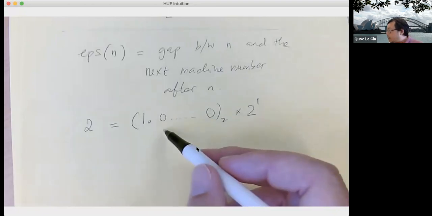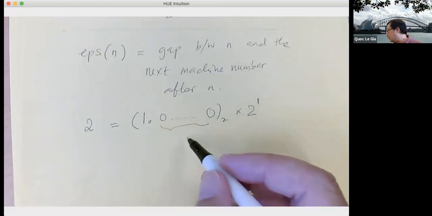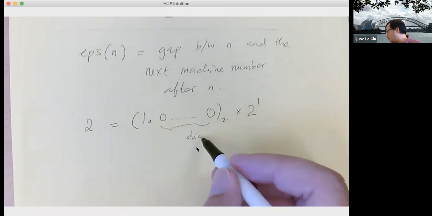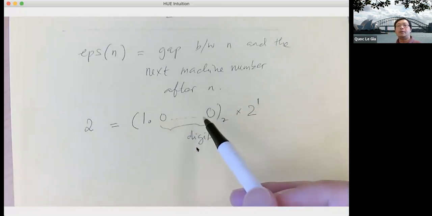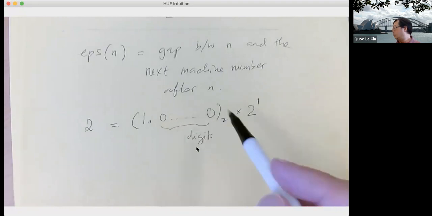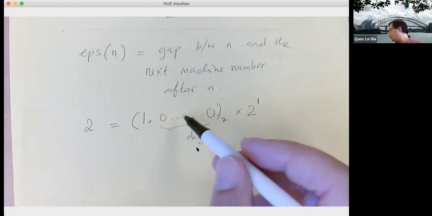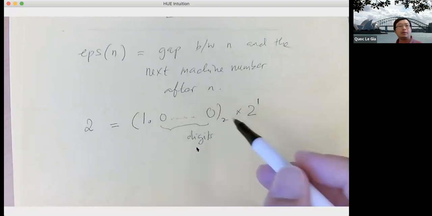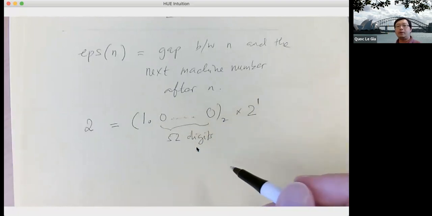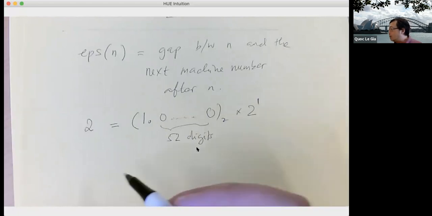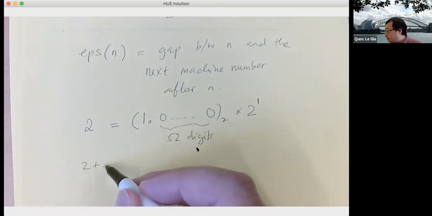How many binary digits do I have here, from the first 0 to the last? Yes, 52 digits. Remember, we're still in floating point system, double precision.